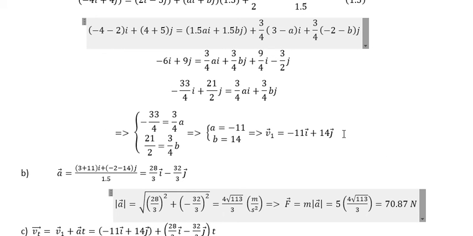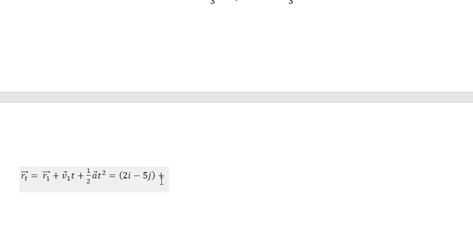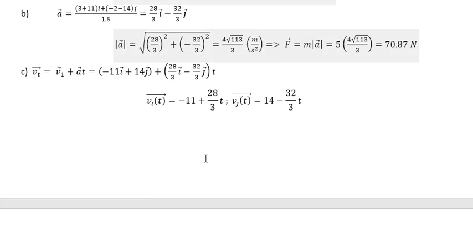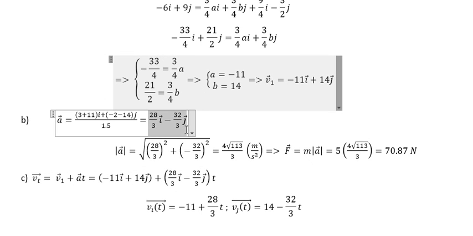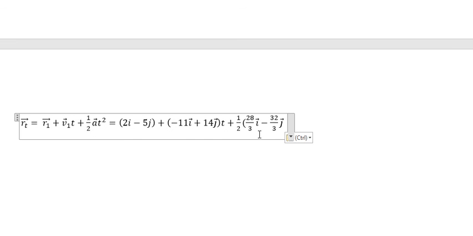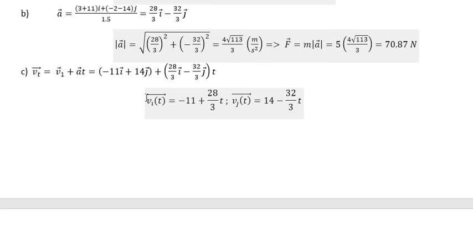V1, we use this one, and we put t in here. Vector a, we use this one, and we put t squared. Similarly for this one, we will find the i and j components.